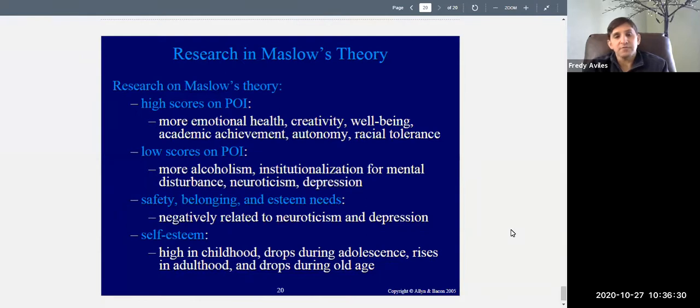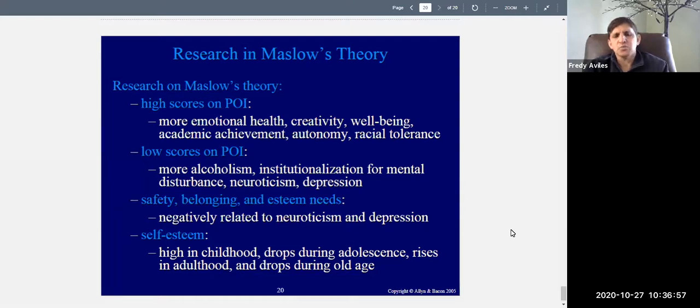If you don't feel safe, if your belonging needs aren't being met, if you don't feel loved, if you haven't achieved esteem needs, if you feel like you haven't achieved much success, you're going to be more neurotic and more likely to be depressed. So the less safety, belonging, and esteem, the more neurotic and depressed you are, is what that research says.